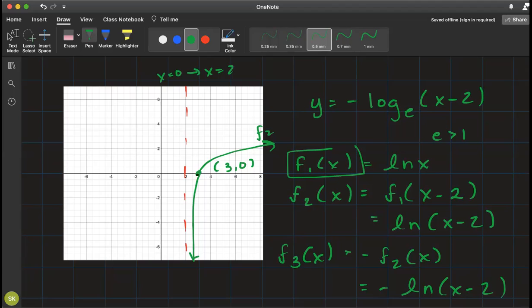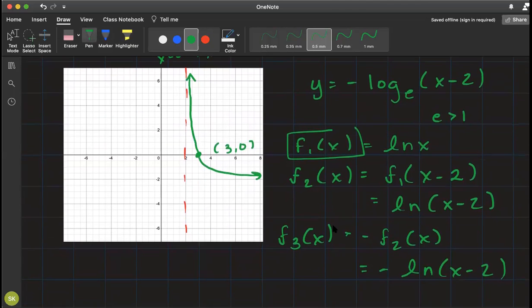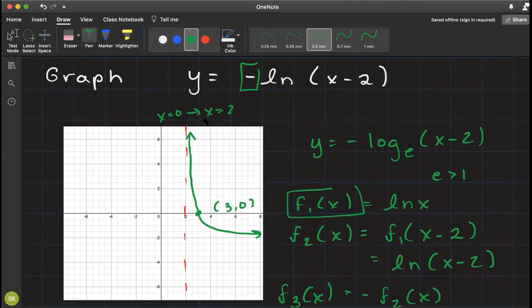So this point will stay the same, but the graph will look something like this. So that's the graph of the function y here, because this function f3 is now this function y, which is what we wanted to graph.